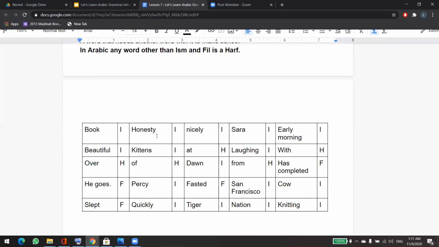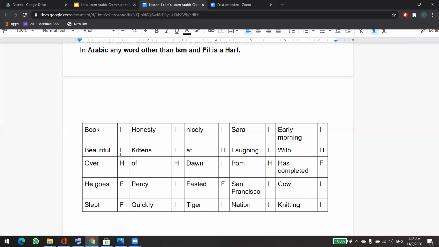So honesty is noun, so ism. Nicely is how the action was done, so that's also ism. Sarah, name, ism. Early morning is again the name of a particular time, so ism. And beautiful is adjective. So adjective goes in ism.